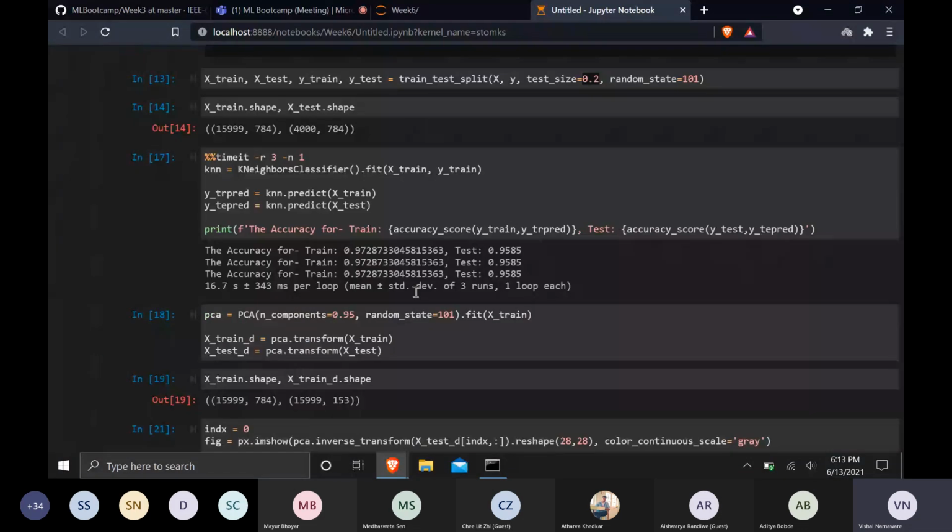This will again run 3 times and you will get a similar output like this. But something will change. Can you guess what will change? Accuracy, test accuracy, or the time required to run the cell? What do you think will change?